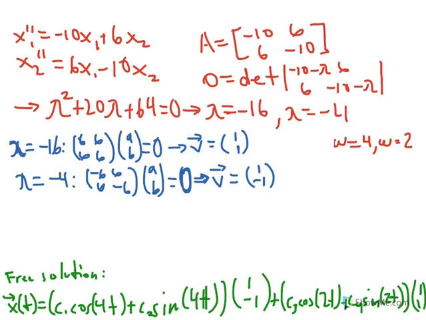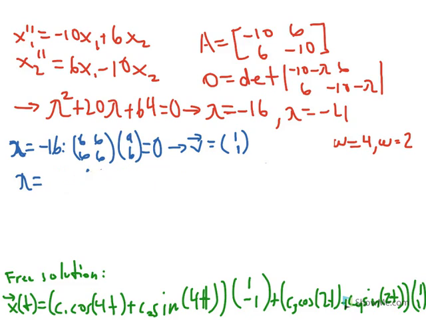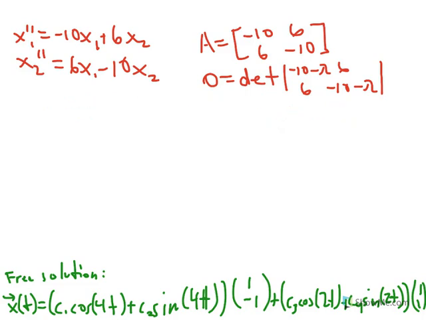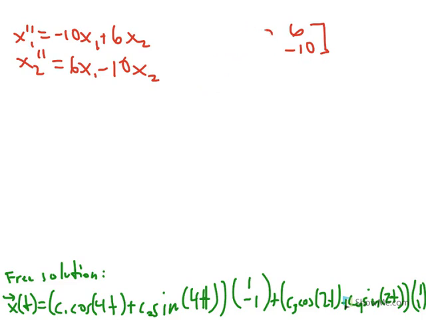Now that we have a free solution, we want to find our particular solution where we insert our forcing function back. I will clear this off. We don't need this anymore. We found our free solution. Now, if I insert the forcing function back, which is 2 cosine of 6t.